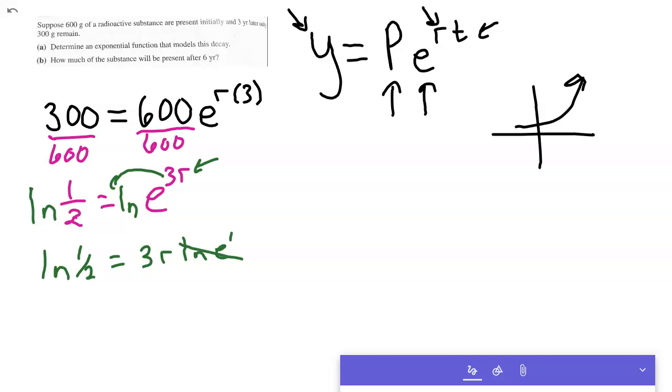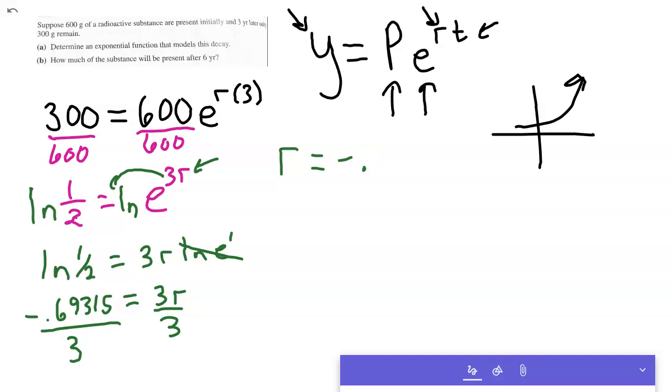Natural log of 1/2 is negative 0.69315, just rounding it, approximately, equals 3r. And so then you can divide by 3, and that'll give you your rate of decay. So our rate of decay in this particular problem is negative 0.23105.